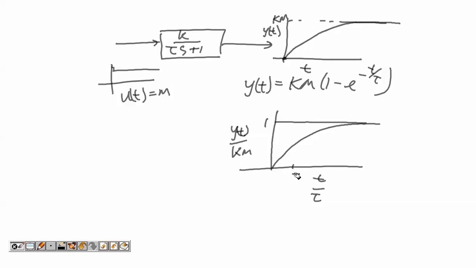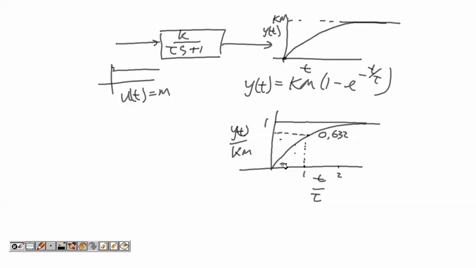Then at t per tau equal to 1, 2, here it is about 0.9632.